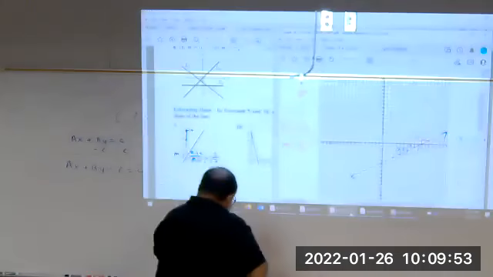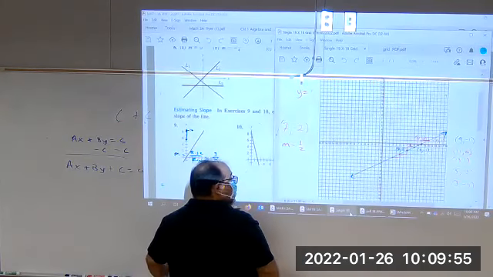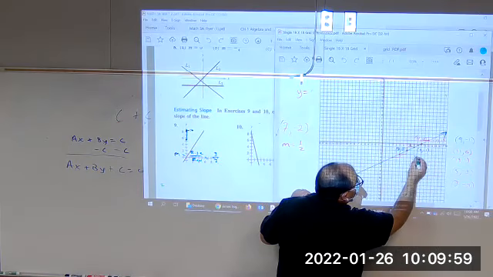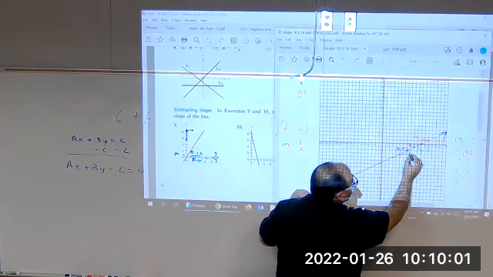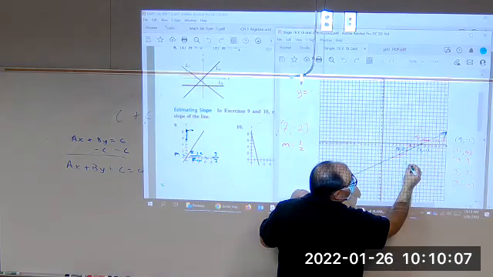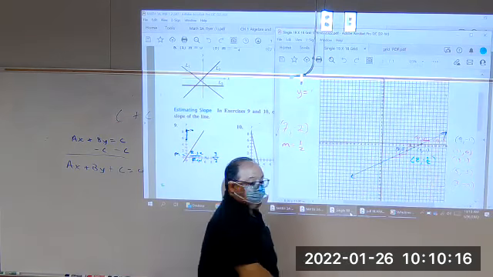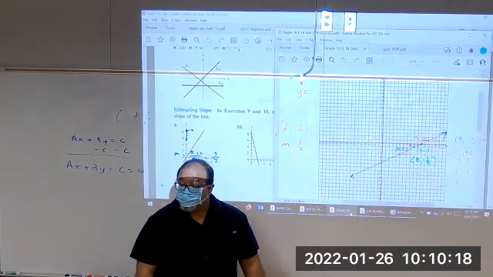If you want to be cute about it, you could even do this. All right, so we're at 7, -2 first. And let's go up 1/2 and over 1. So x would be 8 and y would be -3/2, or -1.5, because it's also on the line.